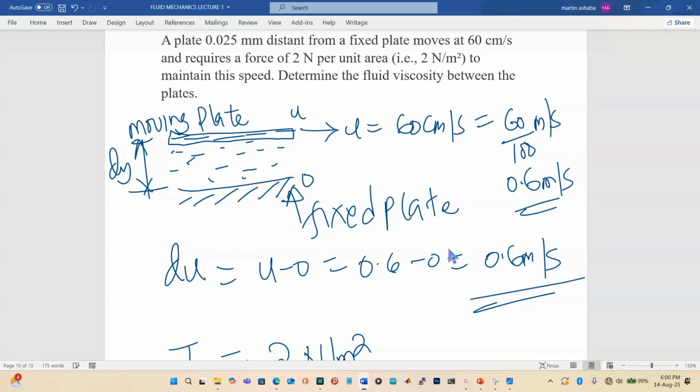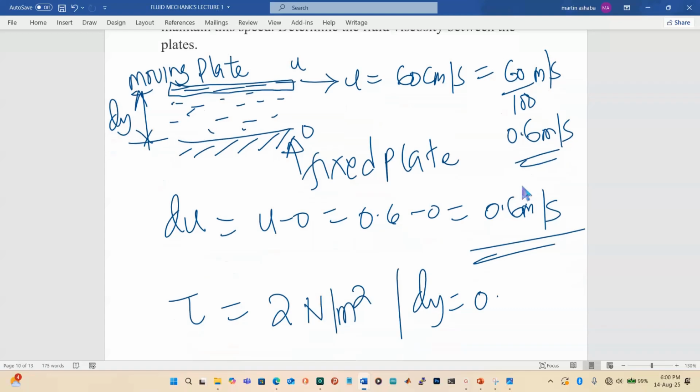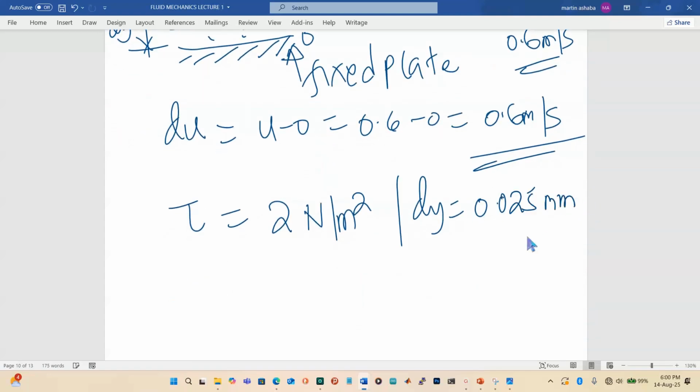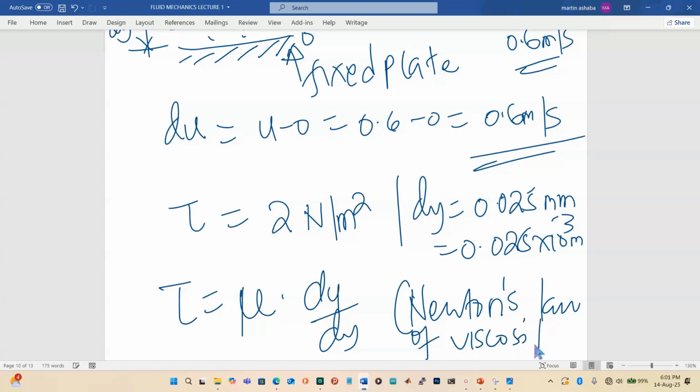Dy is 0.025 millimeters, which is the same as 0.025 times 10 power negative 3 meters. So tau will equal nu times du over dy. That is Newton's law of viscosity.